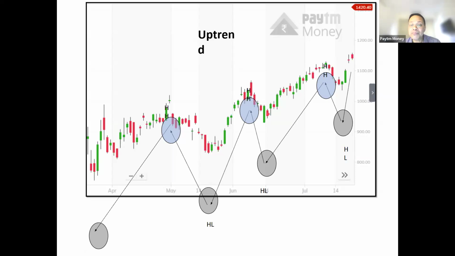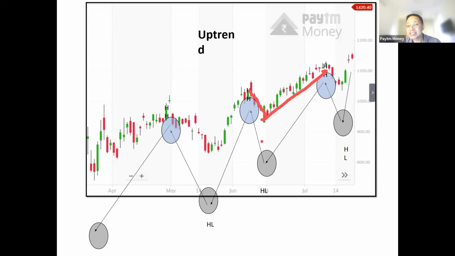Now see, can you tell me, is this an impulse move or a corrective move? Go ahead and type in the chat box. Is it an impulse move or a corrective move? Impulse move. Come on, Alok. Impulse move. Right. Now you tell me, what move is this?